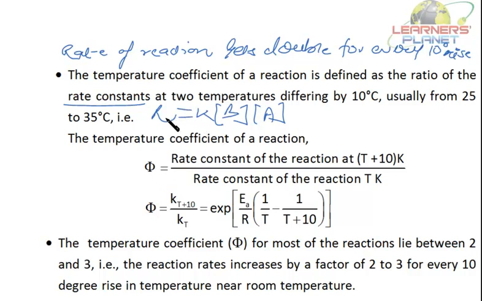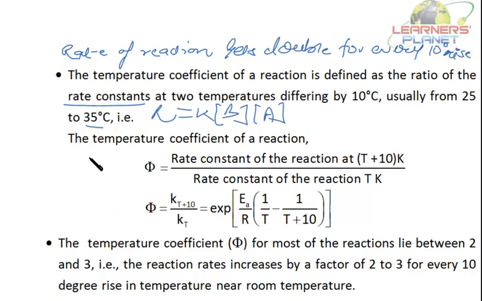So the rate constants at two temperatures differing by 10 degrees centigrade, usually from 25 to 35 degrees centigrade, are compared.